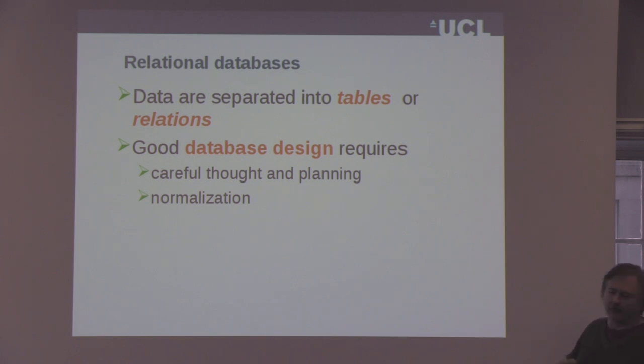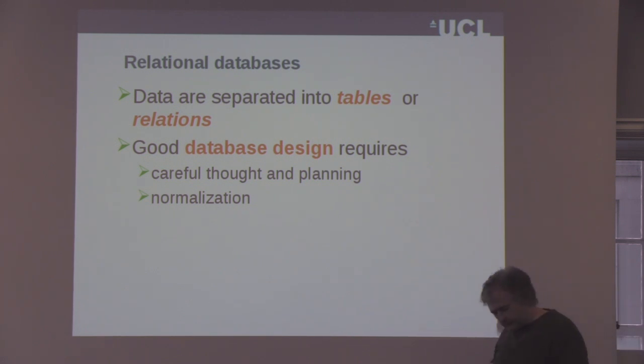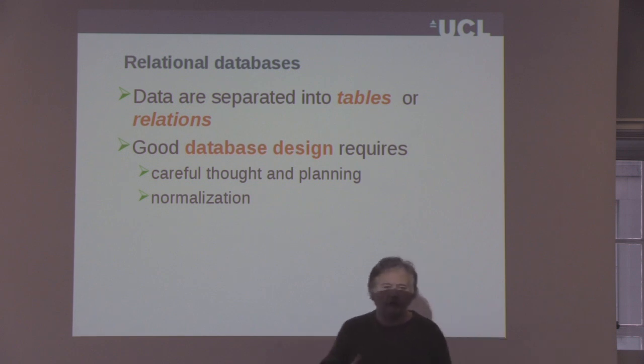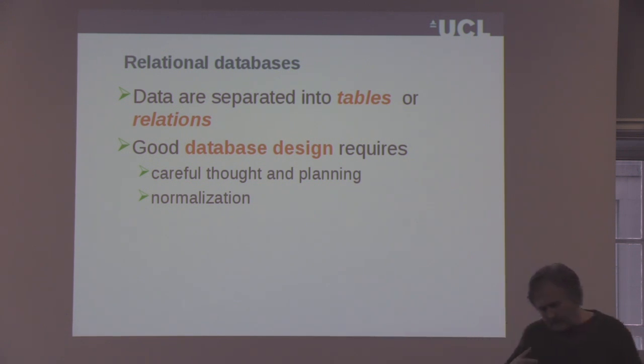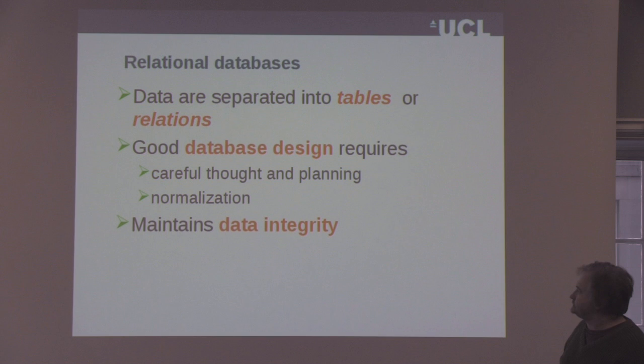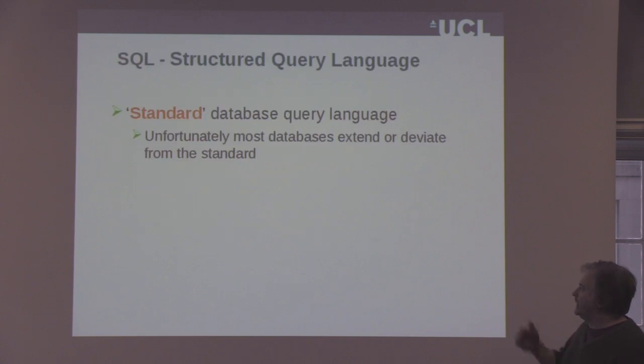It needs a lot of careful thought and planning, and you go through a process known as normalization, which is a way of removing redundancy from your data and removing chances for errors. So that maintains data integrity.